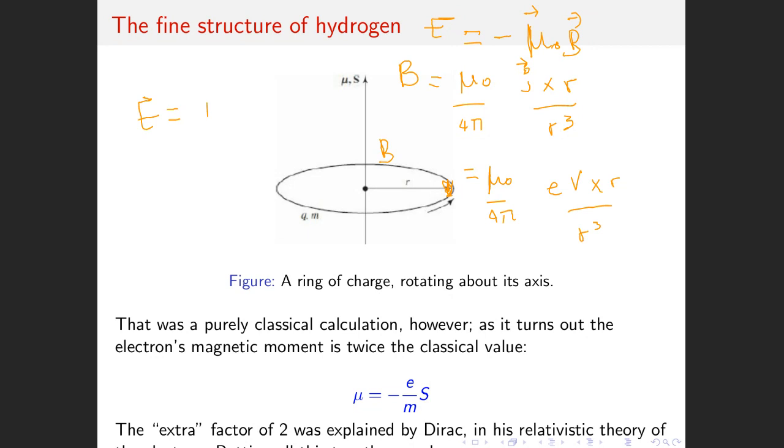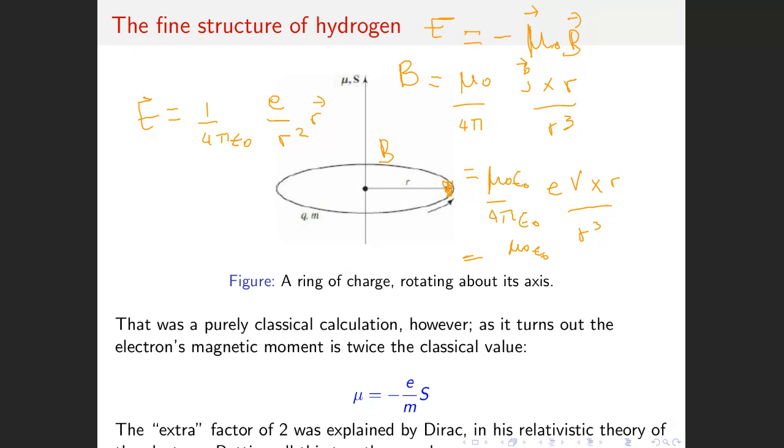is given by 1 over 4π epsilon 0. So there's epsilon 0 there. E over r squared with r then. So this simplifies to mu 0 epsilon 0.